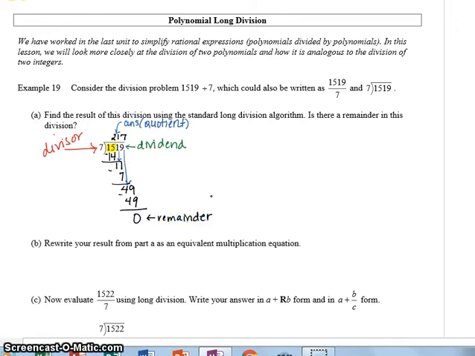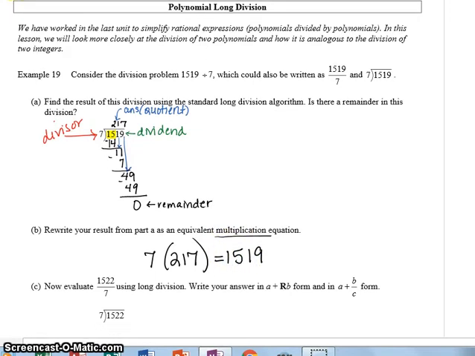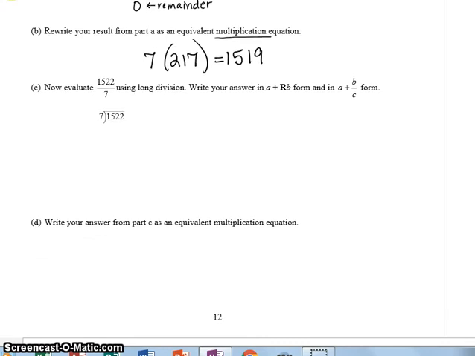So then we knew that 7 goes into 1,519 217 times. It says rewrite your result as an equivalent multiplication. That means 7 times 217 would result in 1,519. Part C. It says now evaluate using long division.